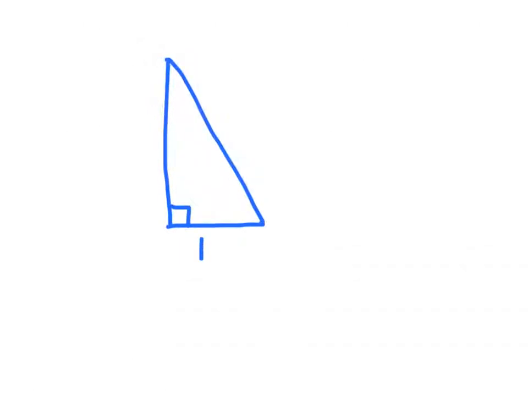So let's try one more. Here's my triangle, and I'm going to say this is 10, this is 15, and I want to find the length of the hypotenuse. So I know that these are the two legs because they meet at the right angle. So I'm going to take 15 squared plus 10 squared.